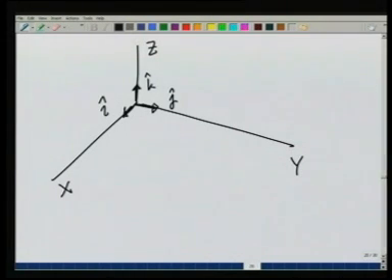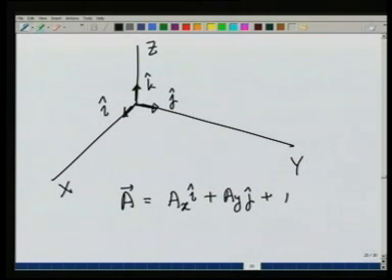Now, any vector can be written as a, what I call the x component of this vector, times i plus a the y component of this vector j plus a z component of this vector k. So, this is known as the z component, y component, x component.